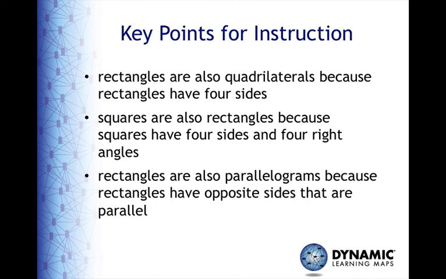For example, they learn that rectangles are also quadrilaterals because rectangles have 4 sides. Squares are also rectangles because squares have 4 sides and 4 right angles. And rectangles are also parallelograms because rectangles have opposite sides that are parallel.